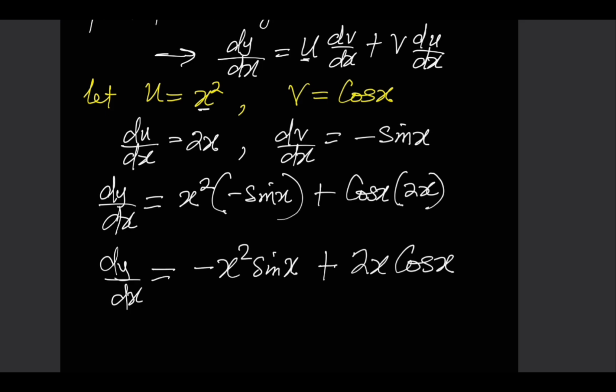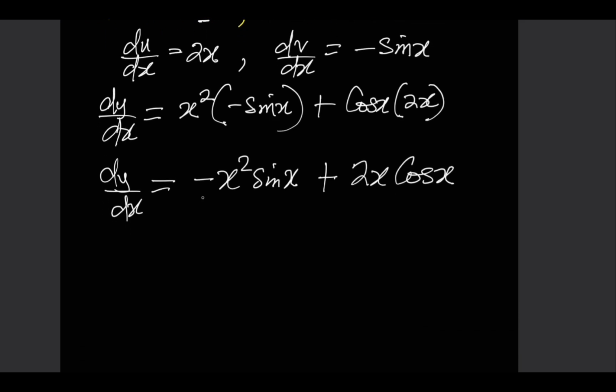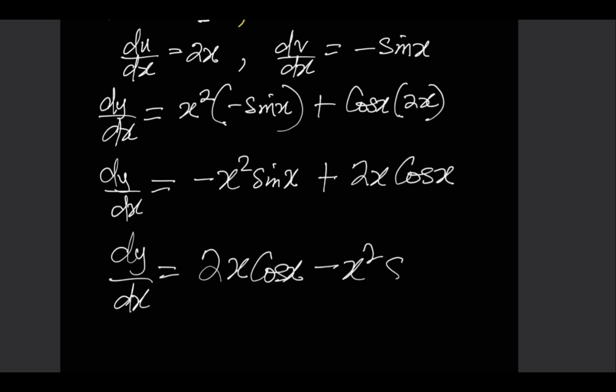Now we can rearrange the terms neatly. What I mean by that is that this term is negative, so I want to bring the positive one first and this one second. So I'll have dy over dx equals 2x cosine x minus x squared sine x.